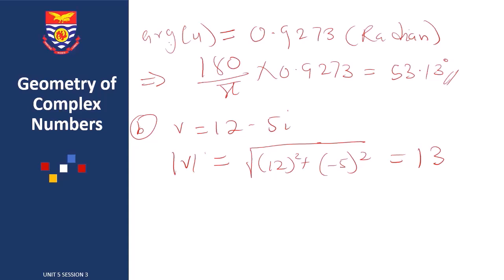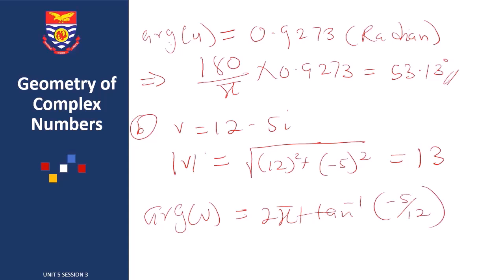Once v lies in the 4th quadrant, the argument of v equals 2 pi plus tan inverse of minus 5 on 12, and that is the same as 2 pi minus tan inverse of the absolute value of minus 5 on 12.